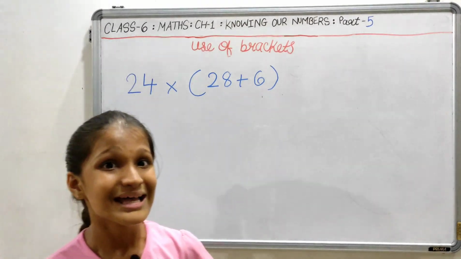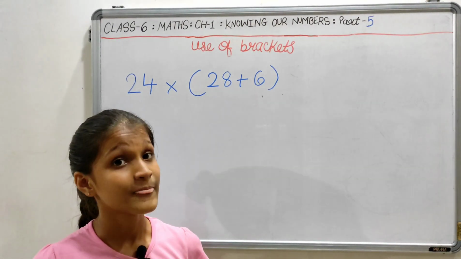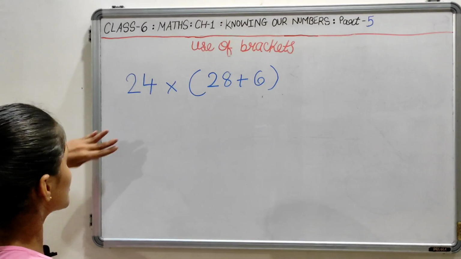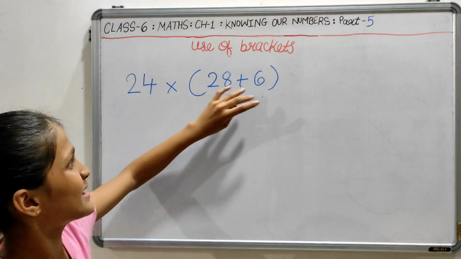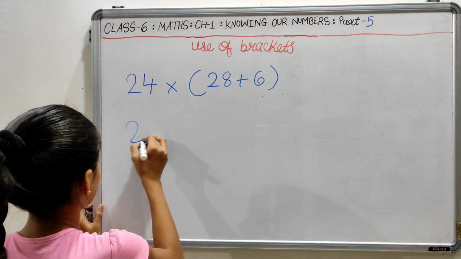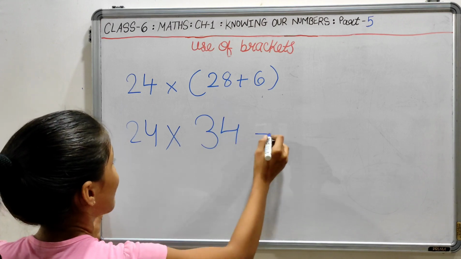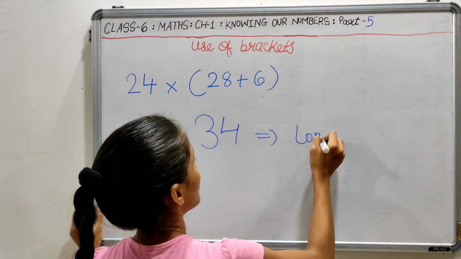We learned that we can find the product of any two numbers by expanding the brackets. So 24 into 28 plus 6. Now we will do like this only, like this also, 24 into 34. But this is such a long process.